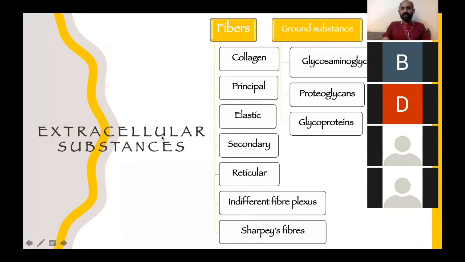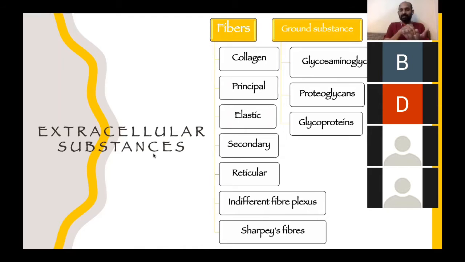When I say other components, these are components apart from the cells. They can also be called extracellular, meaning those substances which are away from the cell or outside the cell. So we are not going to talk about the cells for today. As a whole, the periodontal ligament has an amorphous gel, which is nothing but the ground substance.